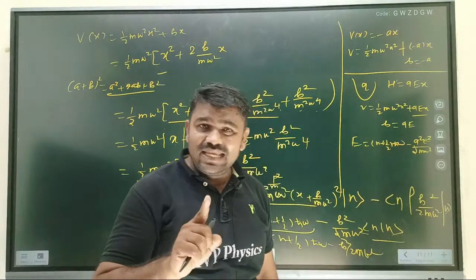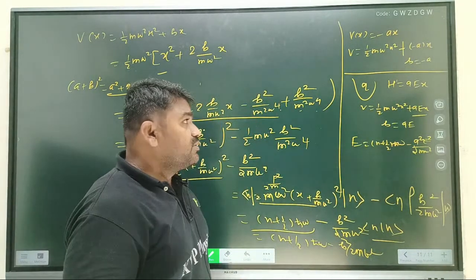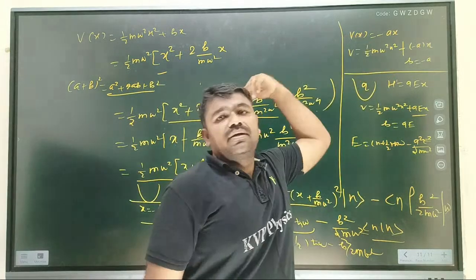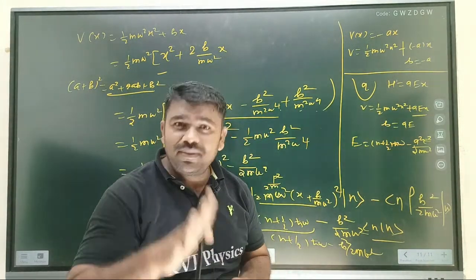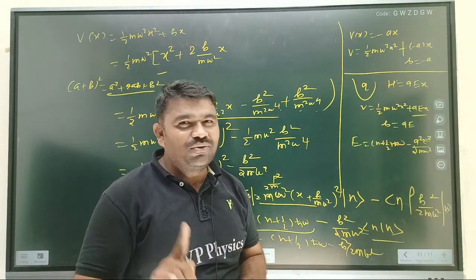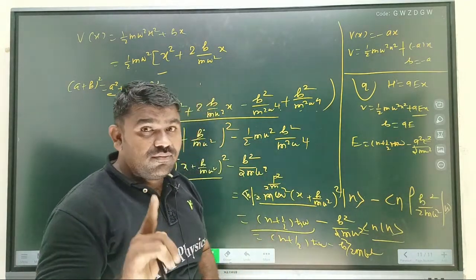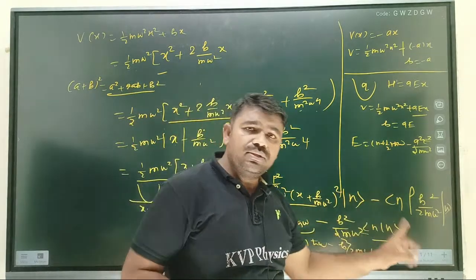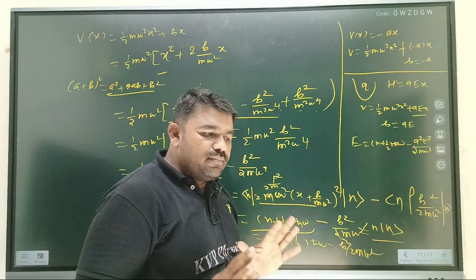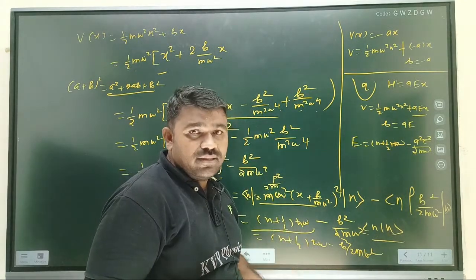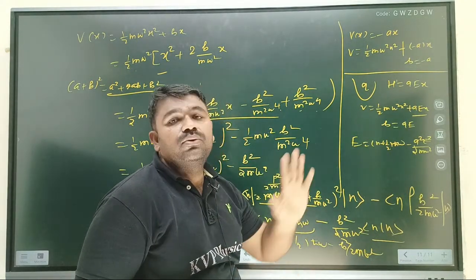Just by squaring this one we get the answer. This is the second order correction to the ground state. The first order correction will also be 0, this one also 0, this one also 0. If not even one option is 0, what does that mean? They have given the second order correction, not the first order correction. Clear? If they have given the first order correction, then one option will be 0. And they have not given a 0 first order correction. If the option is 0, then we can tick 0.